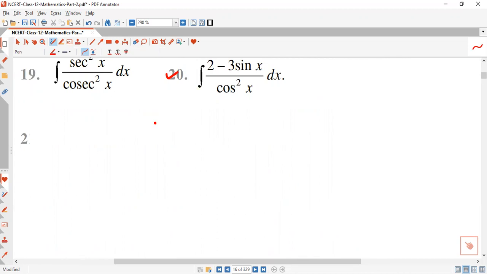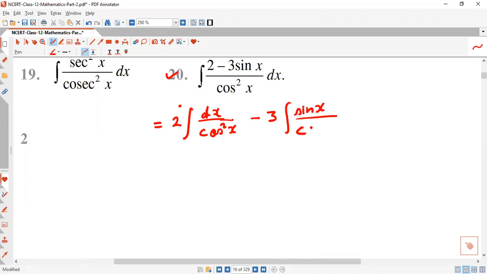If I separate both the terms, it becomes 2, constant taken outside, 1 upon cos square x, minus 3, constant outside, sin x upon cos square x, dx.